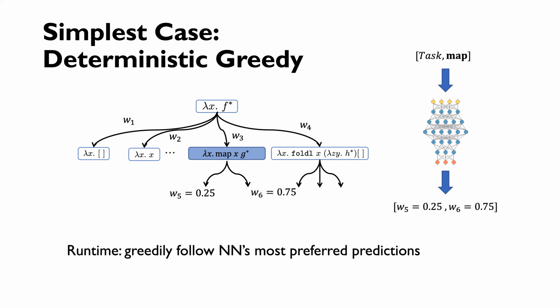For instance, if we're at this part of the search space where we're considering how to branch on this partial program G star and fill it with more structure, then we have a neural net that takes as input the context of the task and the context of where we are in the partial program, and then predicts a desirability score over the branches in the way that we can complete this program.